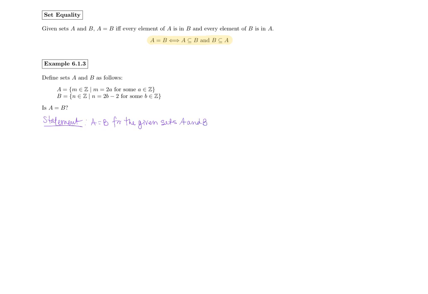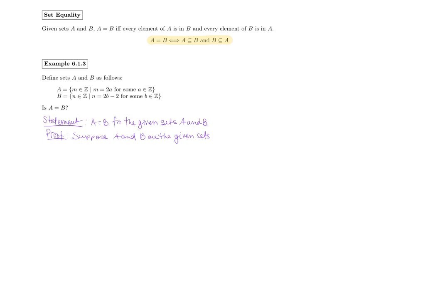You notice we don't have these universal conditionals that we had in chapter 4. They're a little different now. So our proof is going to say we suppose that A and B are the given sets.